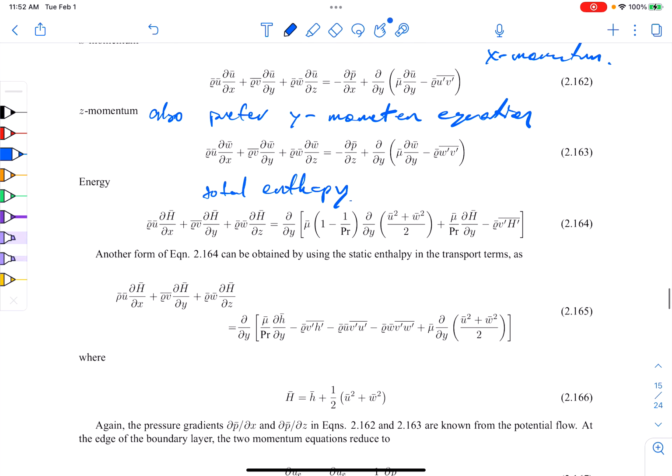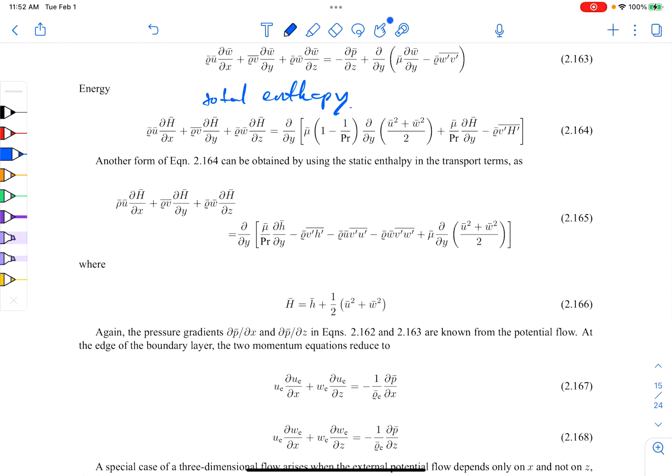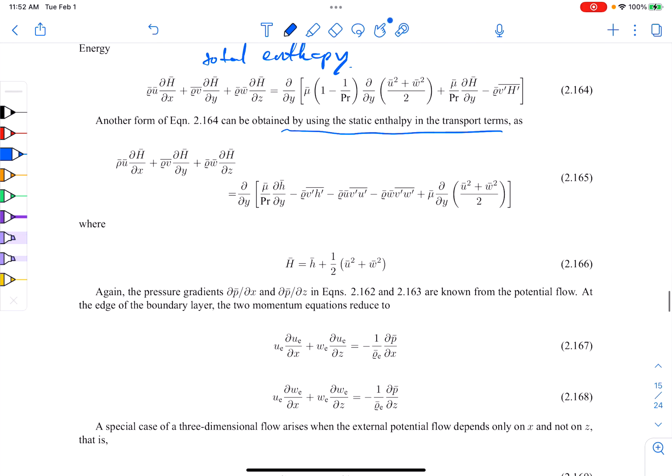So those are general equations. And also here, you can see that we can rewrite this in terms of static enthalpy. So here's the definition, right, total enthalpy and static enthalpy, and you see there's W, that's the cross-stream coordinate.